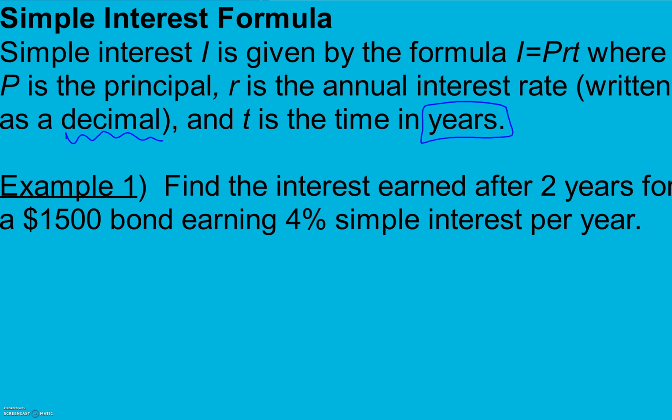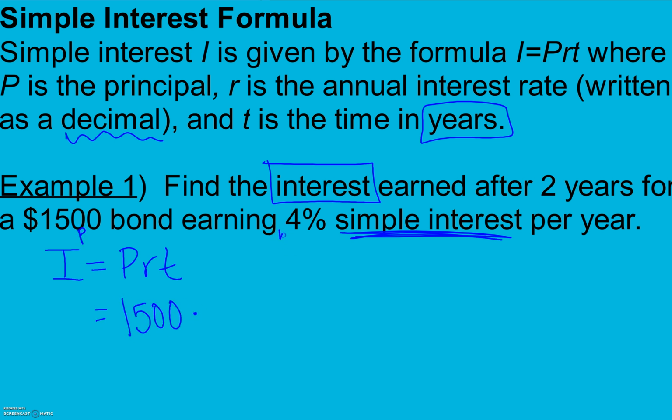In example 1, we're going to find the interest earned after 2 years for a $1,500 bond earning 4% simple interest per year. Because we're talking about simple interest and we're looking for the interest, we're going to use the formula I equals P times R times T. Our principal is the amount we originally started off with. Our rate is our interest rate as a percent, but we enter it as a decimal.